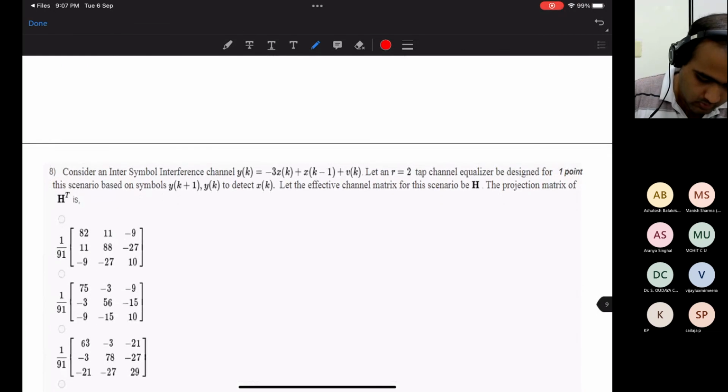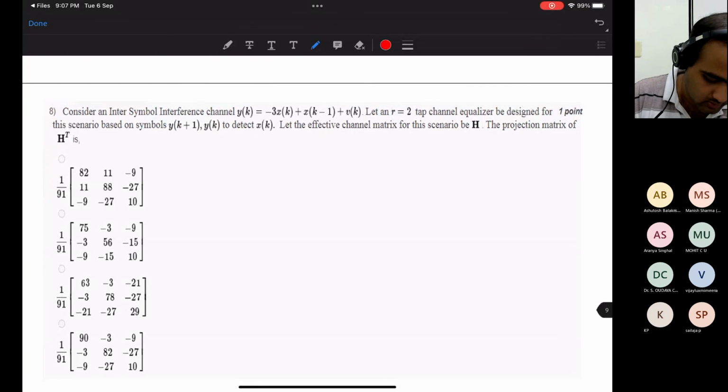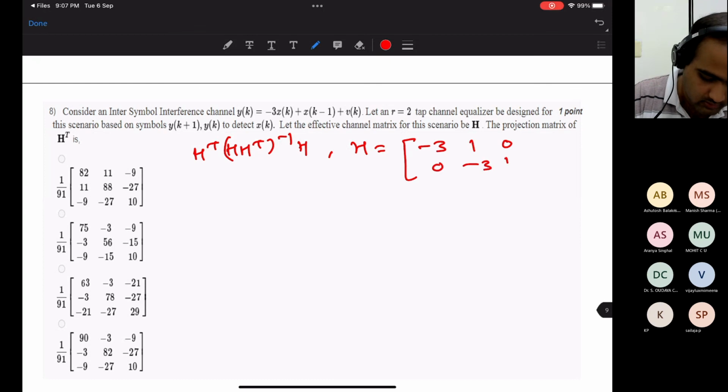So now we need to compute this projection matrix. All right, so let us compute for this question. We need to compute H transpose HH transpose inverse H, and our H is -3 1 0 0 -3 1. So first I'm doing HH transpose.